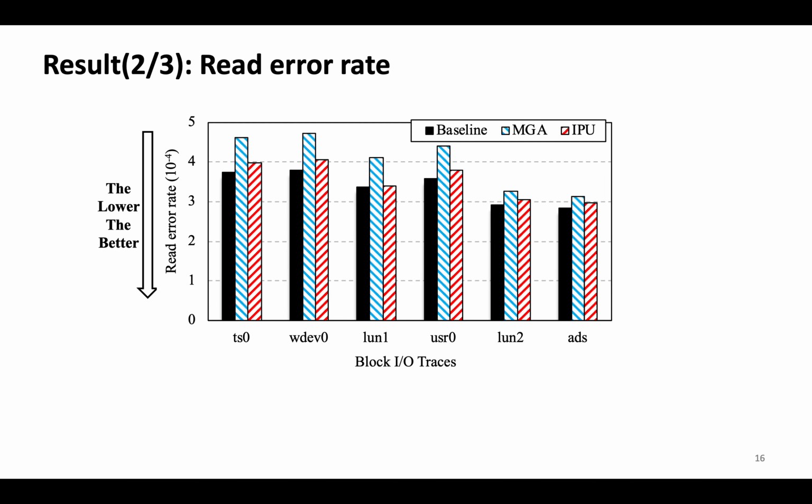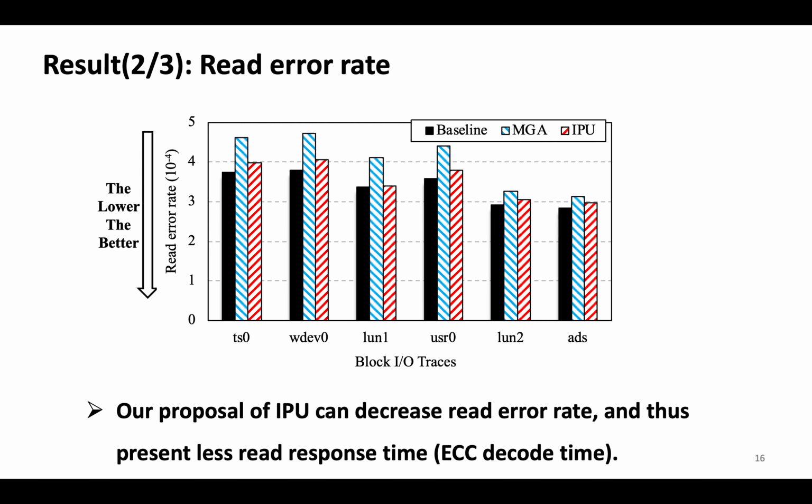As shown in the figure, our proposed method IPU can mitigate more than half of the read error rate induced by in-page program disturbance with partial programming, compared with the related work MGA. Thus, the read performance can be improved because of less ECC decode time.